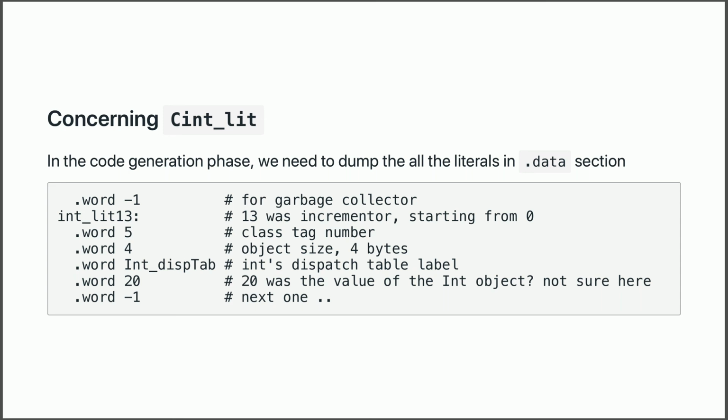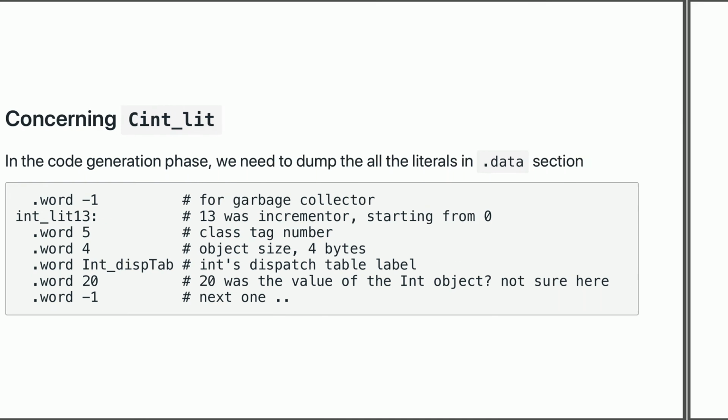And .word of -1 has an offset of -4 with regard to int literal 13. So if int literal 13 is something, the .word of -1 is -4 of that.